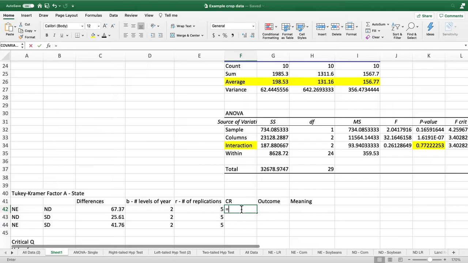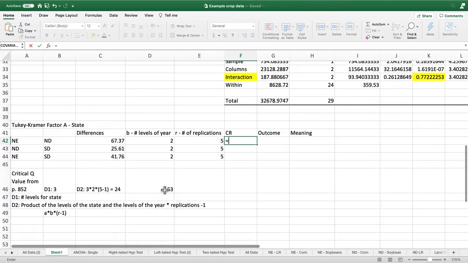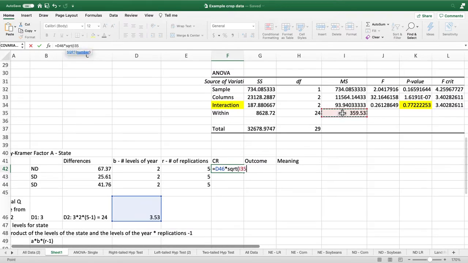So our formula is equal to our critical Q times the square root of your mean standard error within, so here's our within mean standard error in that ANOVA, because we're looking at it within, not the interaction, divided by your B times your R, which will be 10 in this case.